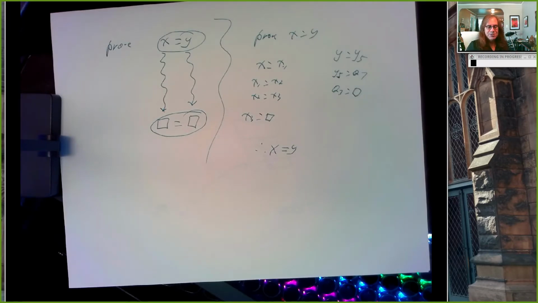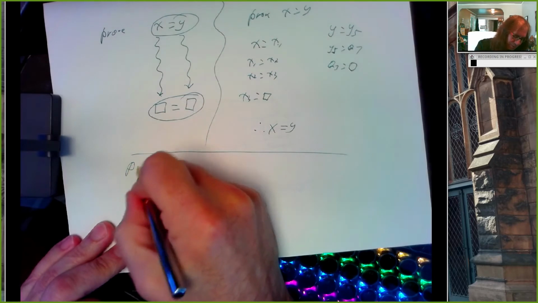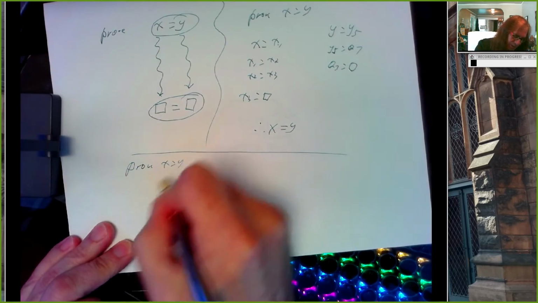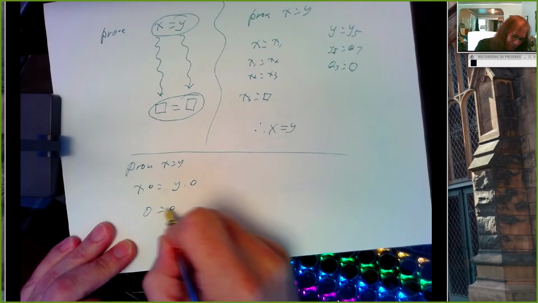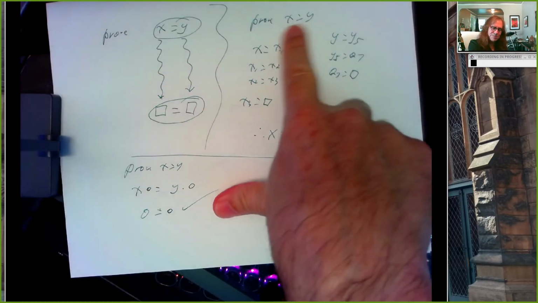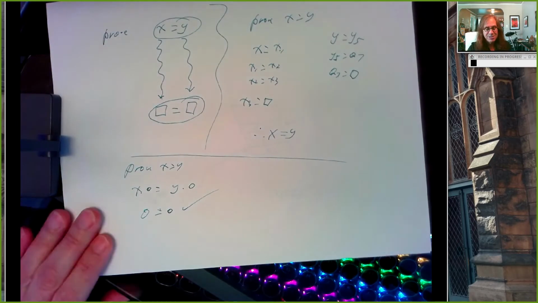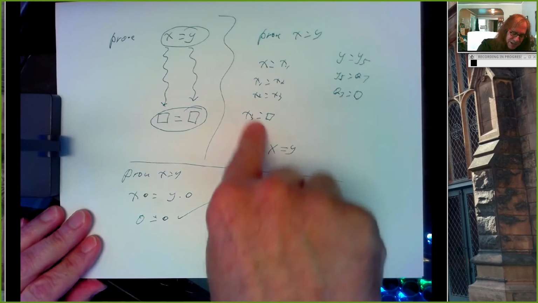The danger you get into is something like, prove x equals y. Well, x times 0 equals y times 0, 0 equals 0. Yes, I'm done. I've proven x equals y. That's not valid. But this is not just manipulating the left and right side. This is a series of chain rules basically saying x is equal to this and that and that and that.